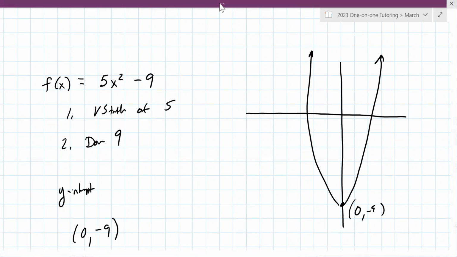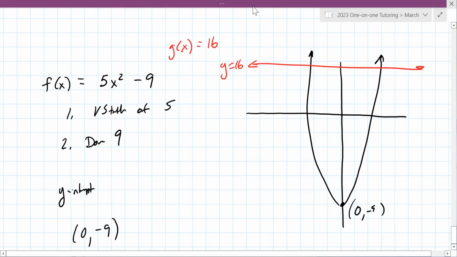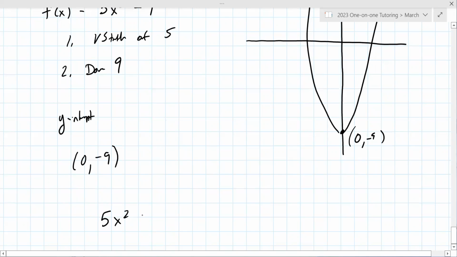Now let's let g of x equal 16. So let's say that's 16 right there. I want you to solve 5x squared minus 9 equals 16.